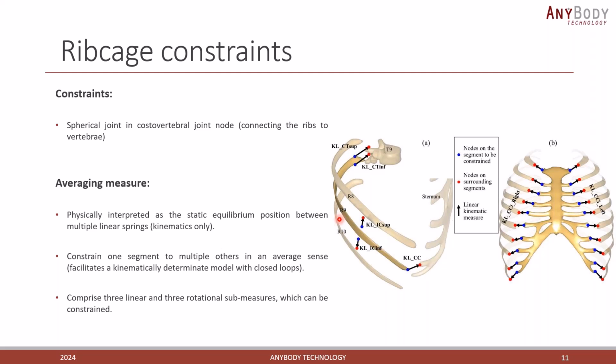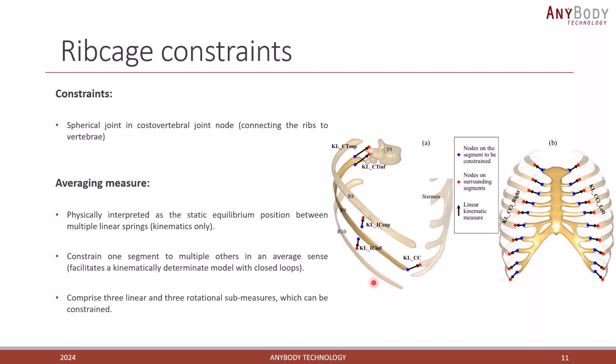Let's say we want to constrain rib 9. Again, the blue nodes are on rib 9 that we want to constrain, and the red nodes are on the surrounding segments. So you can see the black arrows. It has a connection here to the vertebra, here to the upper rib, here to the lower rib, and then here to the sternum.